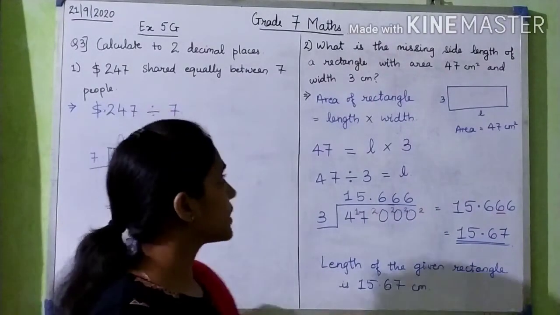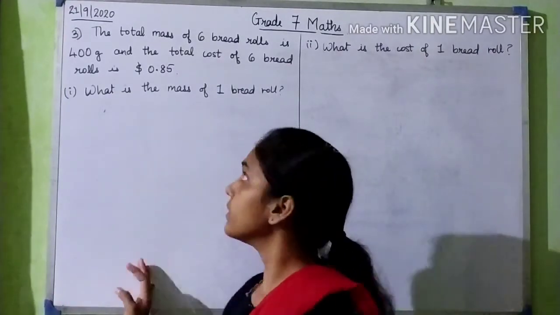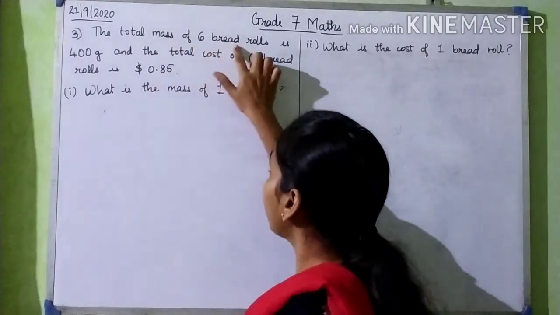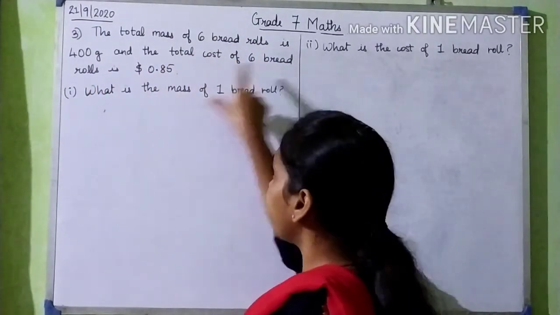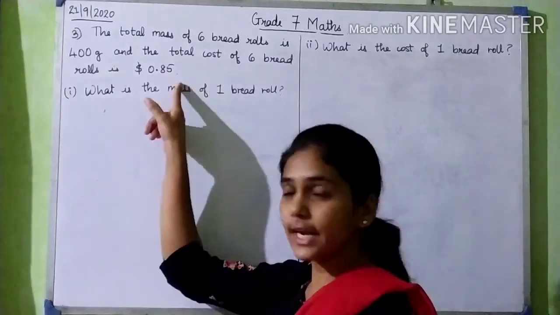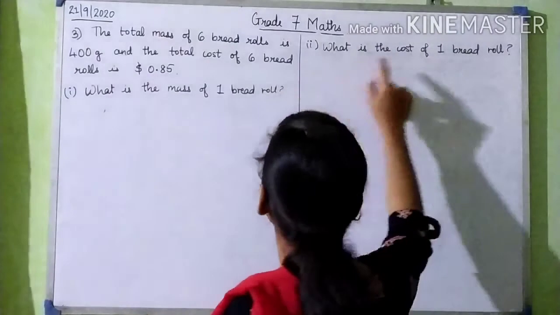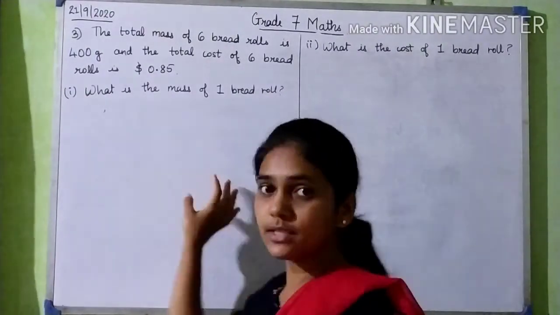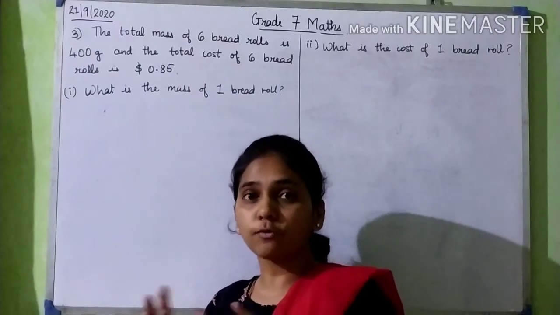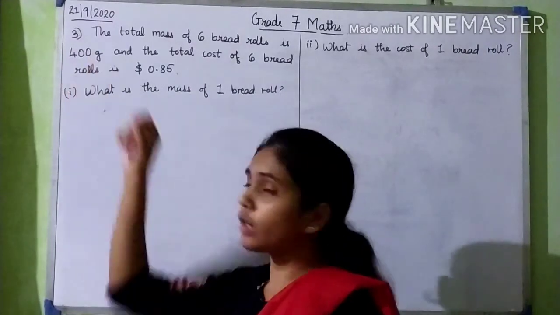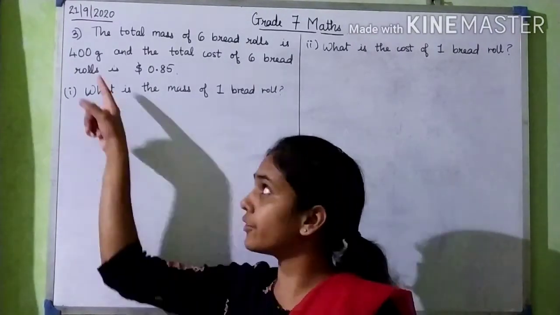Okay, so this was the second word problem. Now we go to the third sum. The total mass of 6 bread rolls is 400 grams and the total cost of 6 bread rolls is $0.85. We have to find the mass of one bread roll and the cost of one bread roll. That means there are 6 bread rolls, and all 6 bread rolls together weigh 400 grams.